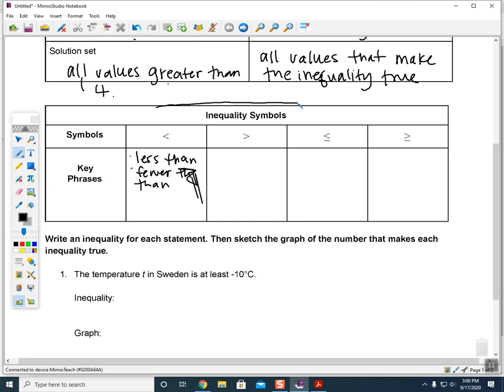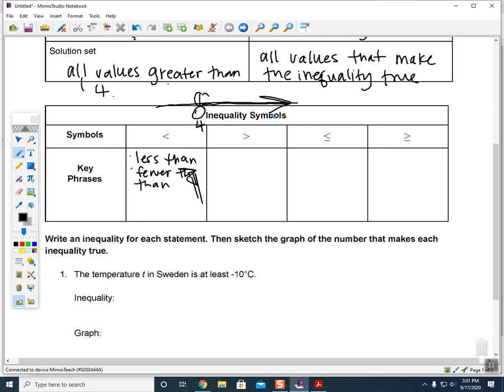So for this example, my x was greater than 4, so there's my 4. If I were to graph this, I would put an open dot on the number 4, and then an arrow pointing to the right. It's everything greater than 4.